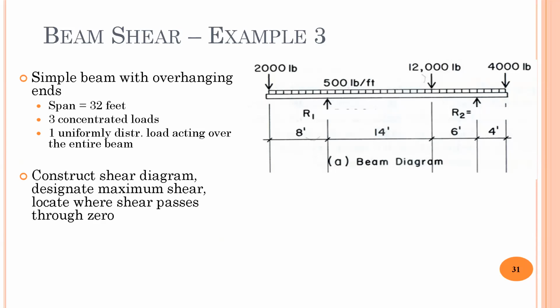One of the things we can do is, you can always convert your UDL to a point load. If you multiply the entire 32 by the 500, and you drop it at the center of that beam, if it's 32, that is 16.